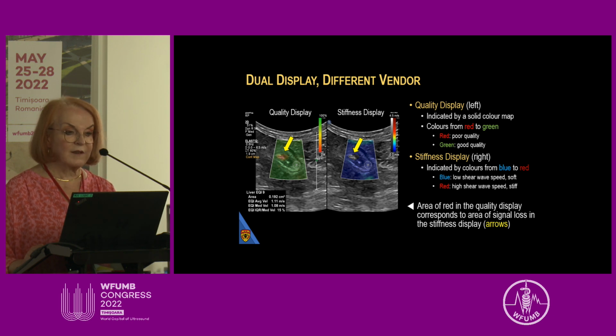The quality display on the left-hand side is green, which means it's a good quality display. However, in the very center, there's a red area, which means it's poor data. And when we look at the actual stiffness display, we can see that there's signal loss on the blue stiffness scale, both of them marked by the yellow arrow.